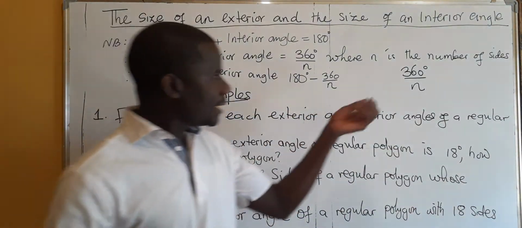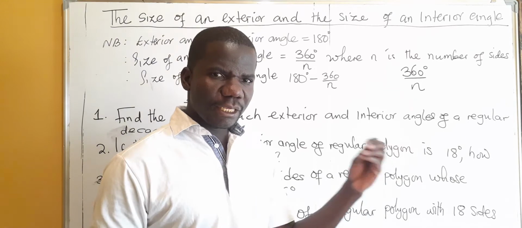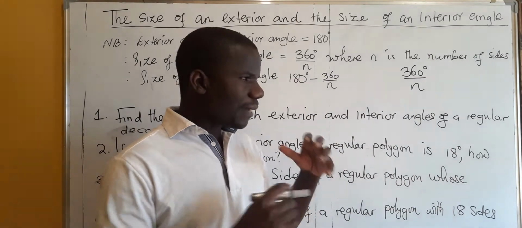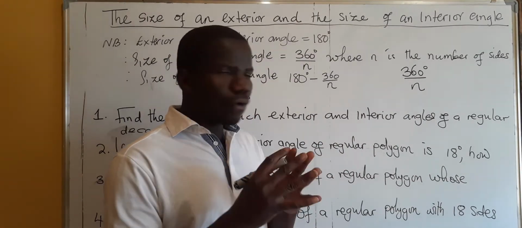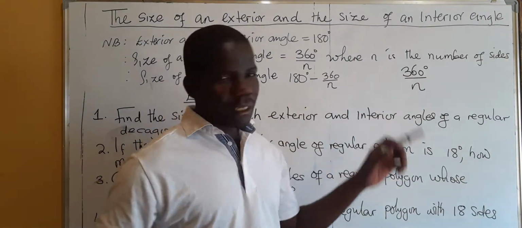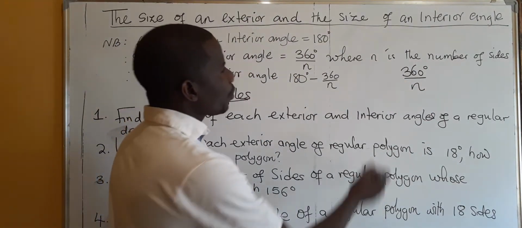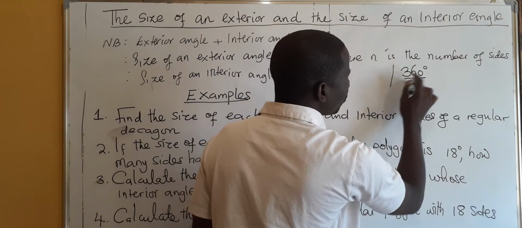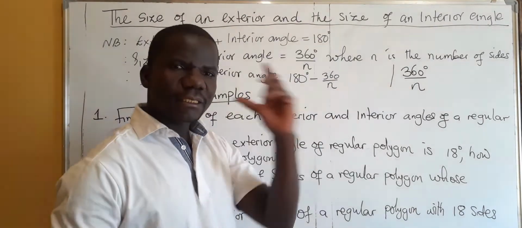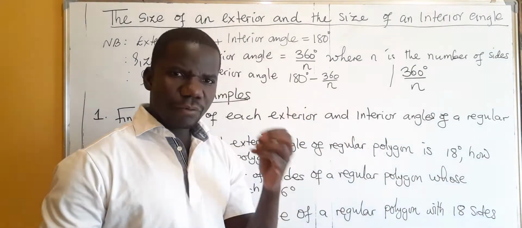So if we are told to find the size of a regular hexagon, then here we're going to put 6. If we want to find the size of an exterior angle of a regular pentagon, then you know that a pentagon is a 5-sided polygon. So here we're going to put 5. This is the formula that we use to find the size of an exterior angle.